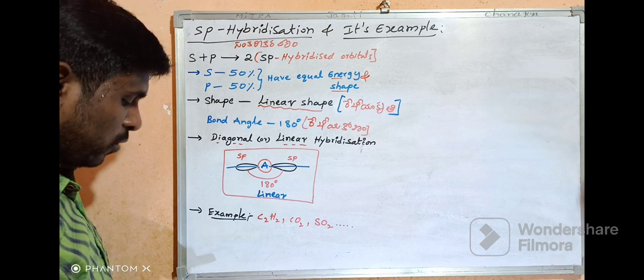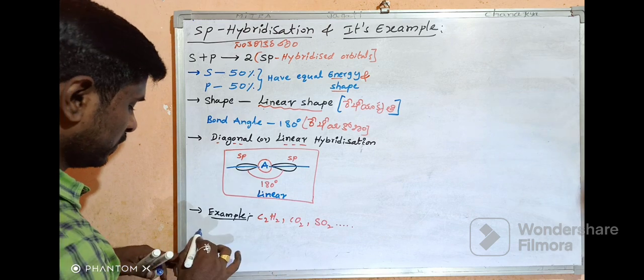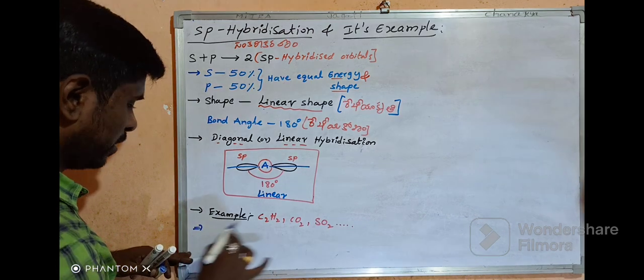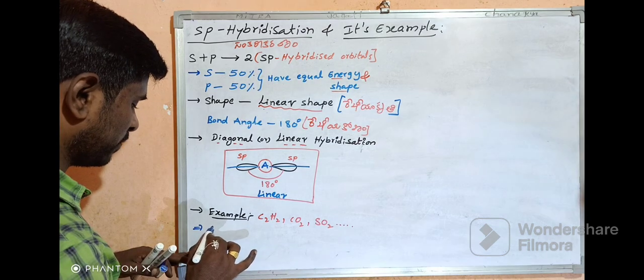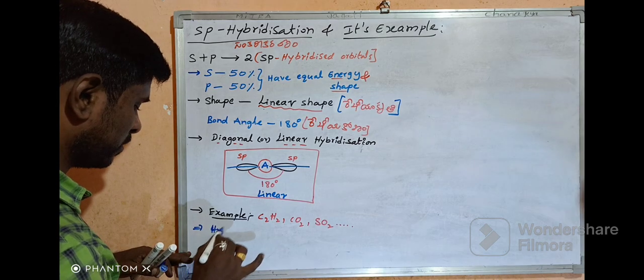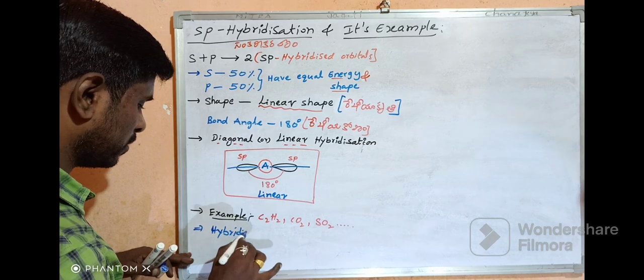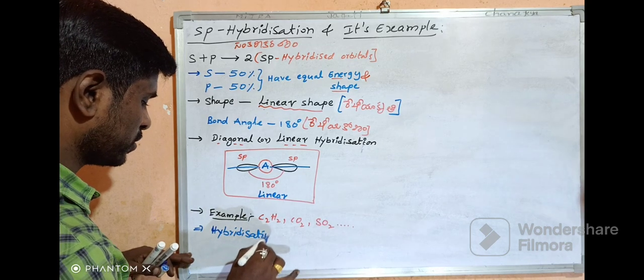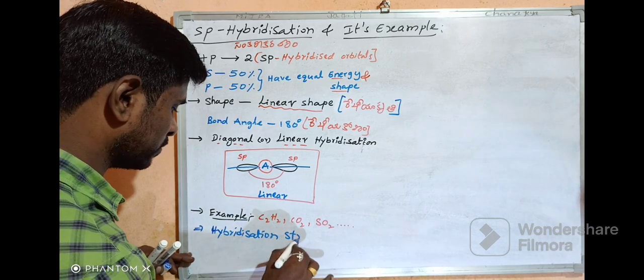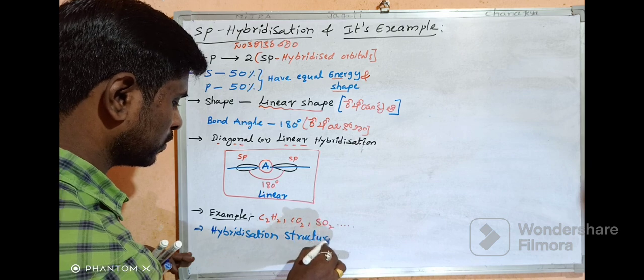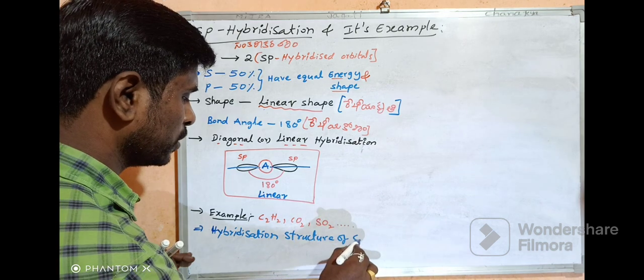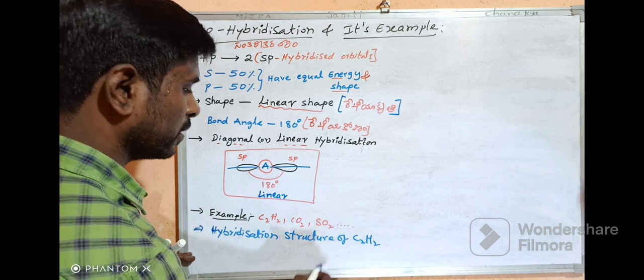So we have to discuss C2H2 and explain its hybridization structure. C2H2 is also called acetylene. This is the general structure of C2H2, acetylene.